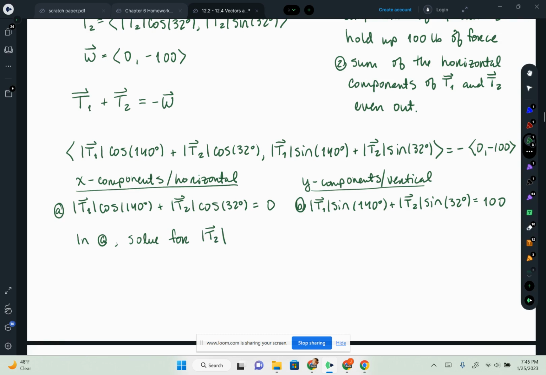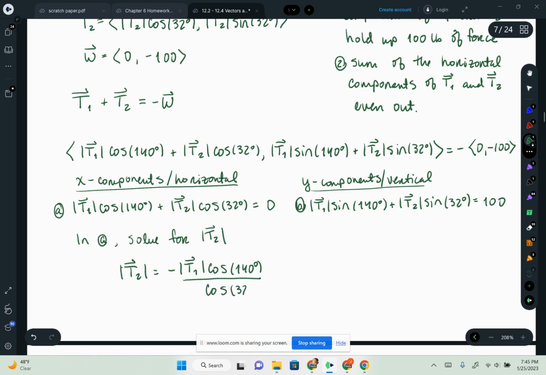Okay, so if I solve for T2 here, what I'm going to get is that the magnitude of T2 is equal to negative the magnitude of T1 times cosine of 140 degrees all over cosine of 32 degrees.